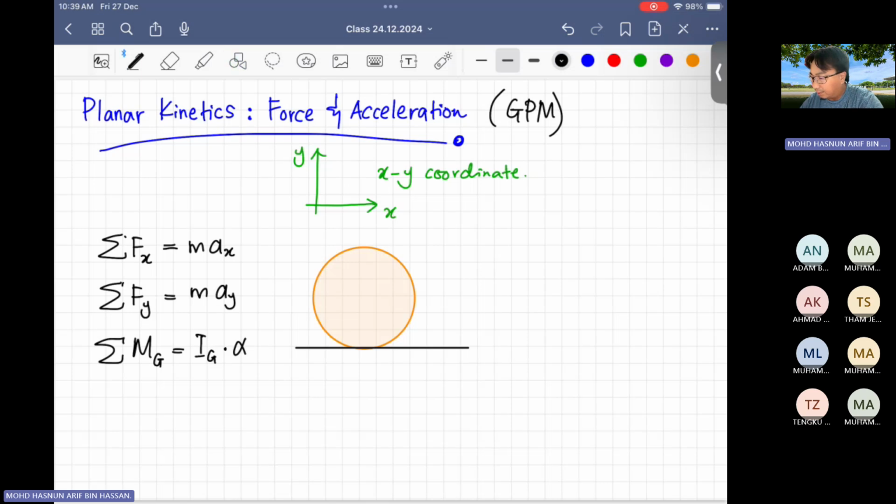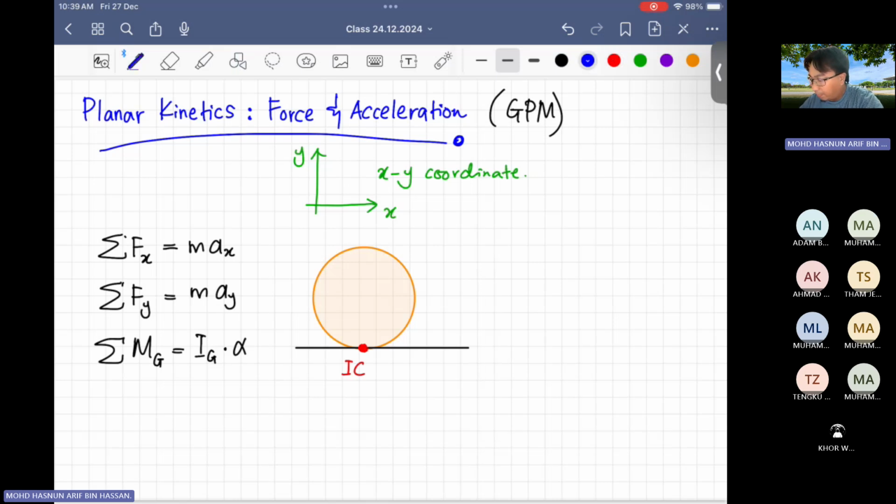In this case, the contact point between the wheel and the ground is the location of IC only and only if the wheel rolls without slipping.